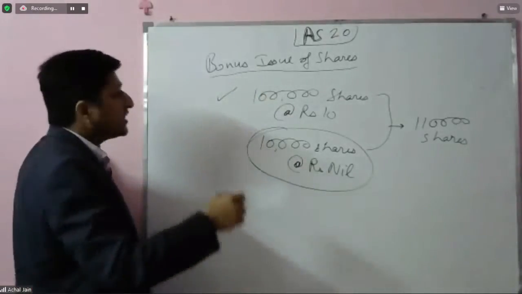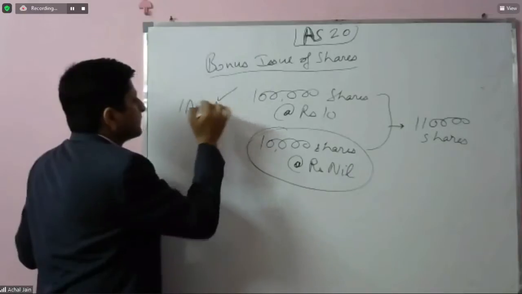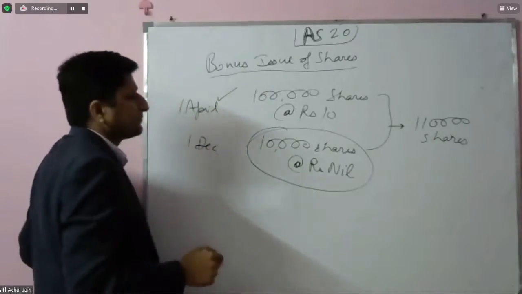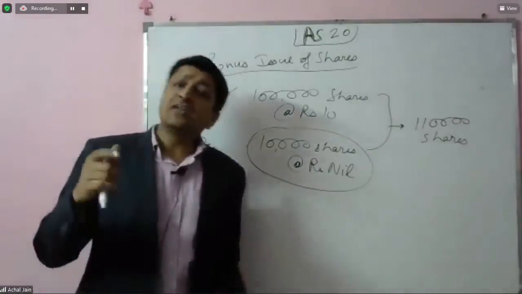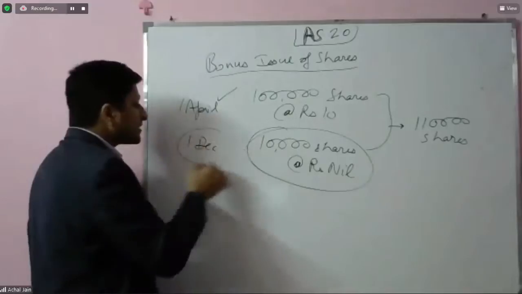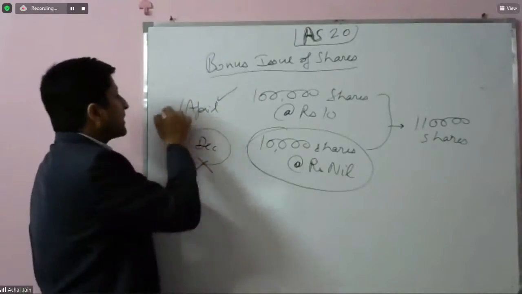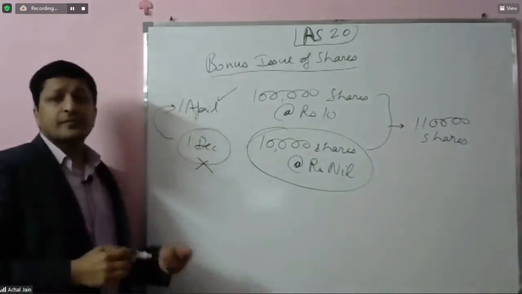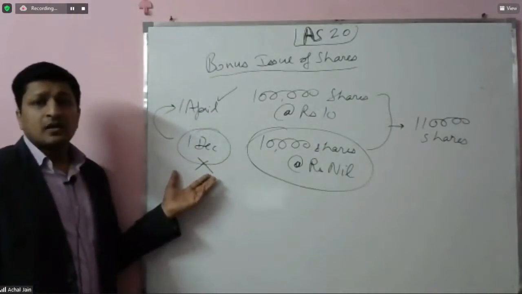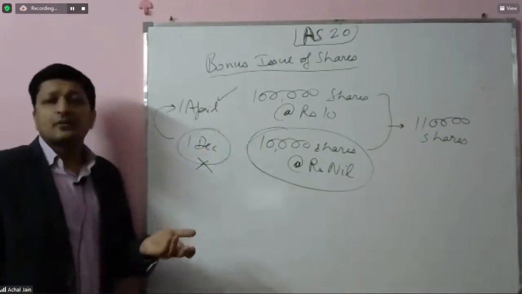So let's suppose these shares were in place from 1st of April and the bonus issue was made on 1st of December. When we compute our weighted average, we will not consider this from 1st of December. Instead, we will consider this also from 1st of April. Why? Because for issuance of this, reserves have been used, which existed earlier also.